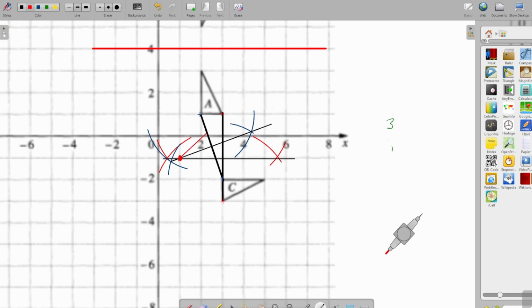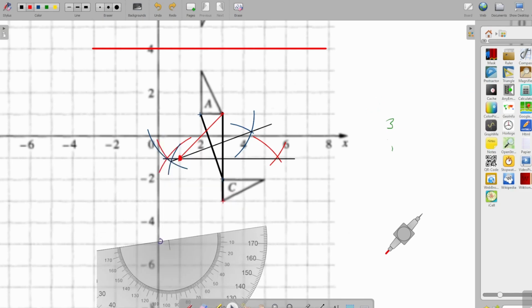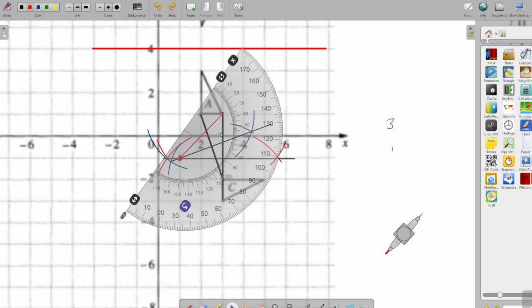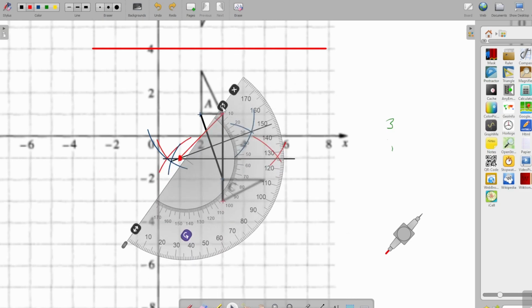Just visually, with this point and this point right here, clearly there is a rotation, and it even appears to be a 90-degree rotation. We could also use a protractor to do this, just to be 100% sure, by putting that protractor right there.